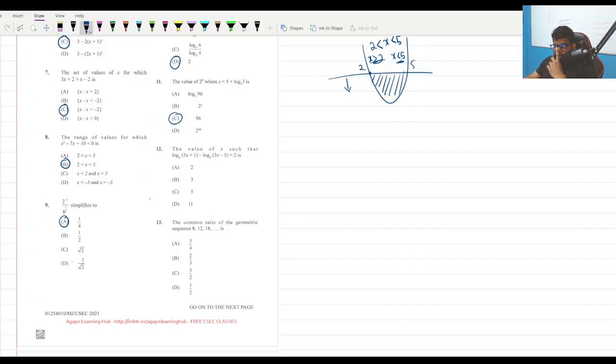Right, when we minus in, we have to divide the numbers. Sorry.